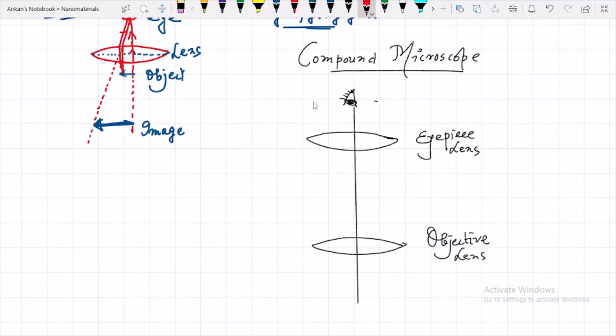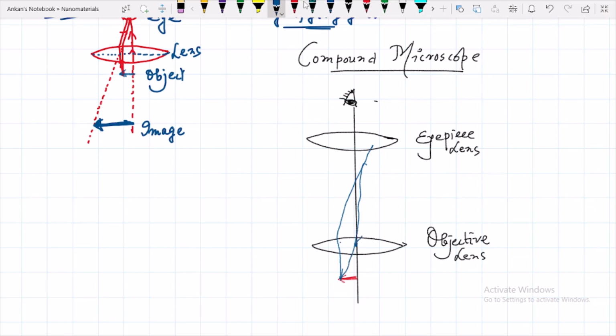Let me place an object here. So light rays will go along this, and sorry, it's very difficult to draw on the digital board, but I will try.